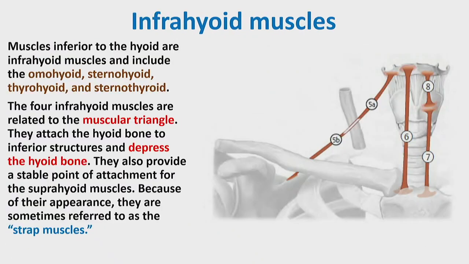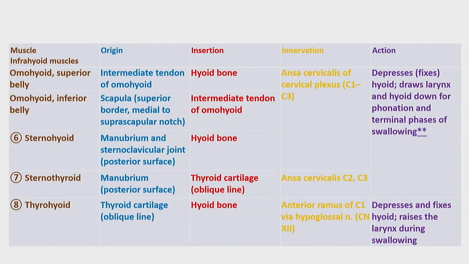Geniohyoid we already discussed. The infrahyoid muscles are the group of muscles under the hyoid bone, and they make up the muscular triangle of the neck. This is the omohyoid, which has 2 bellies. Be careful: superior and inferior, not anterior and posterior. The digastric has anterior and posterior belly. Omohyoid has superior and inferior belly.